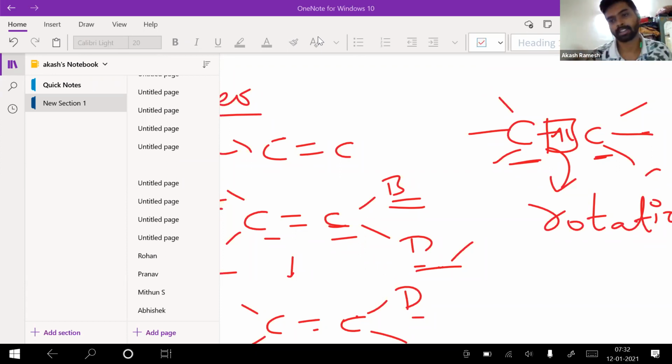It's just going to twist. You can see why it's happening, right? It's happening because I have the single bond, and in the single bond there are 2 electrons shared, one in the clockwise spin, another in the anti-clockwise spin. So accordingly, the bond will rotate.